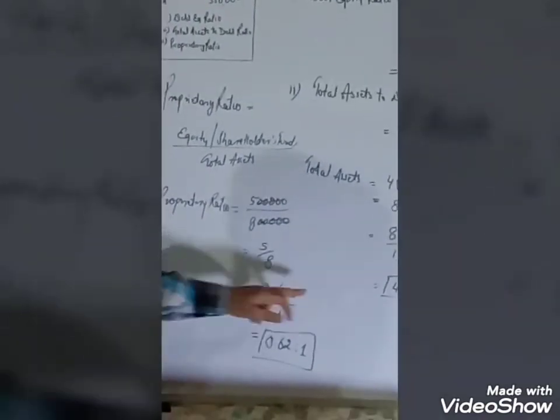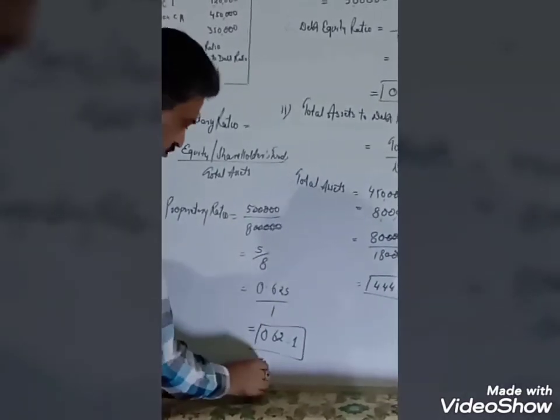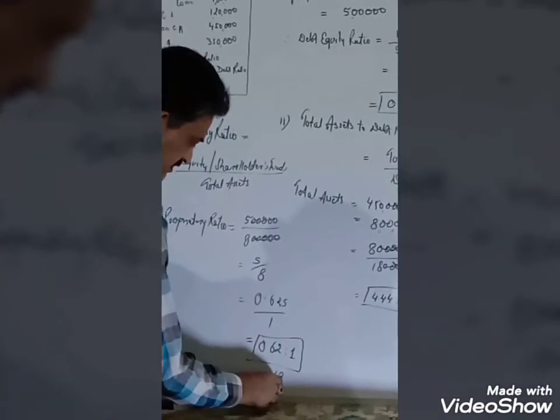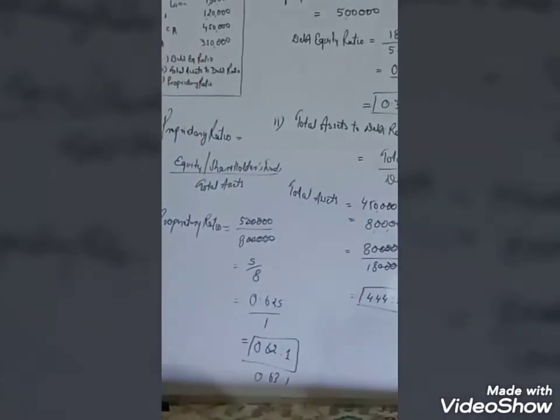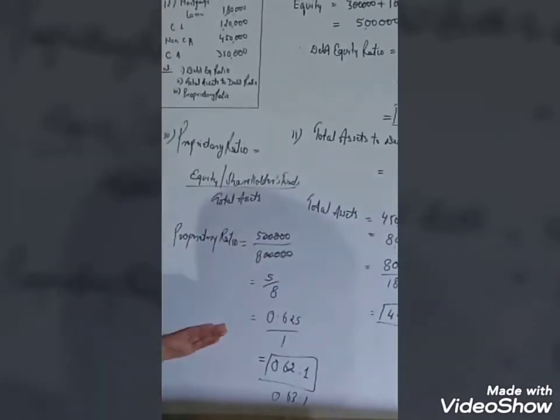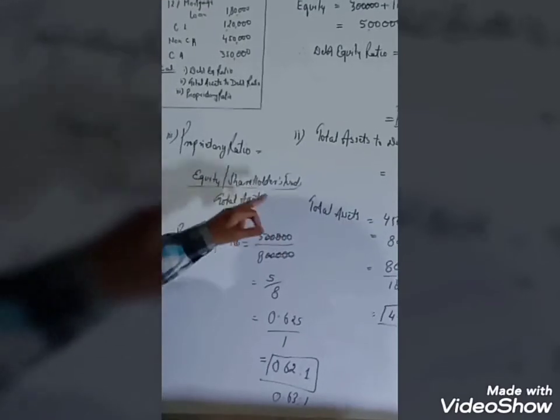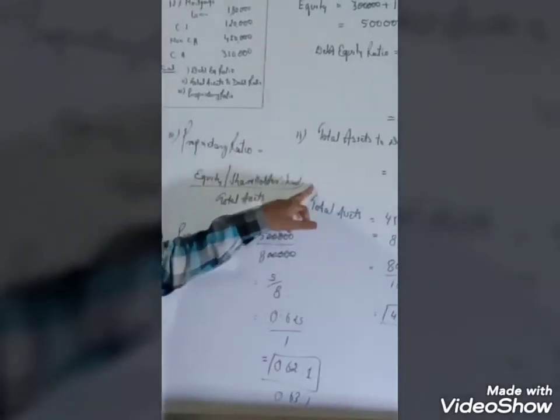You can also round it up. 0.63 ratio 1, if you wish to. Now this ratio can also be expressed in percentage. If we have to express this ratio in percentage, simply we will have to multiply the formula with 100.